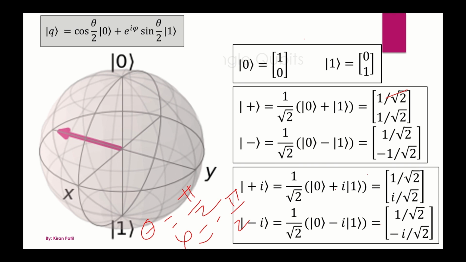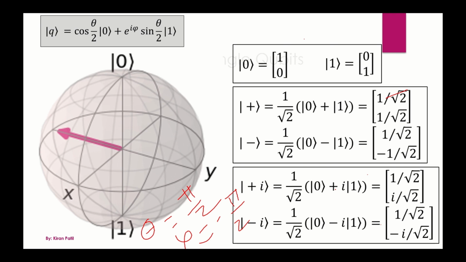So it will give us the equation 1 by root 2 |0> minus i |1>. I hope you have understood how to calculate the qubit equation from this slide and from the Bloch sphere.